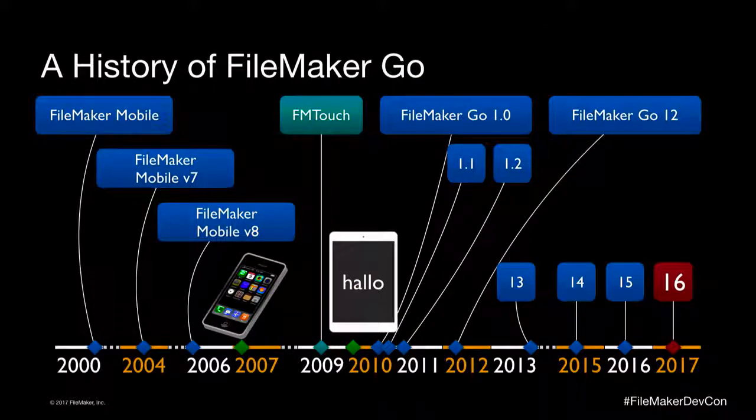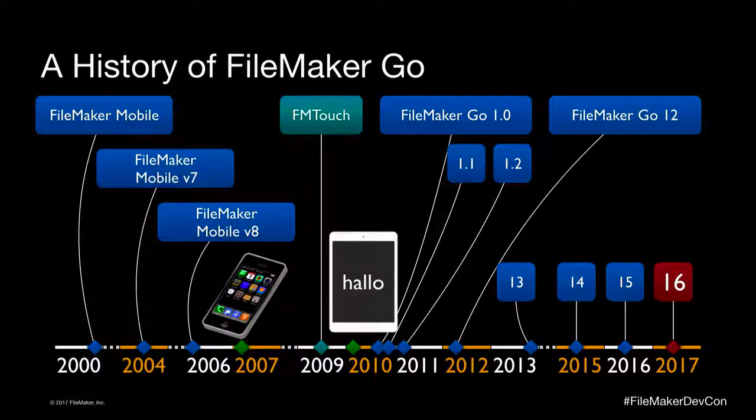So I want to start off with a very important timeline for you guys to realize, because as much as we saw of what's coming in the future of the FileMaker platform yesterday, it's really important for us to look back to see how long FileMaker has been interested in mobile devices. And that time is 17 years. So that's a very long time to be interested in mobile pocket handheld devices. Of course, in the old days, it was FileMaker Mobile on Palm OS and Windows CE. Then the iPhone and the iPad came out.